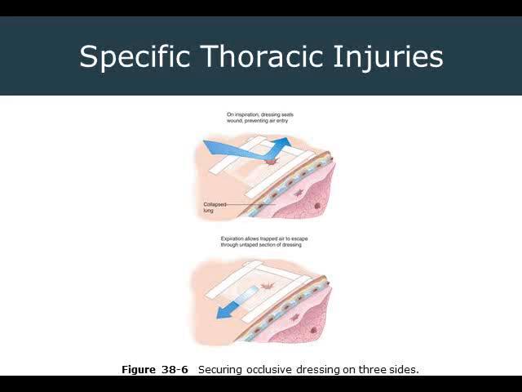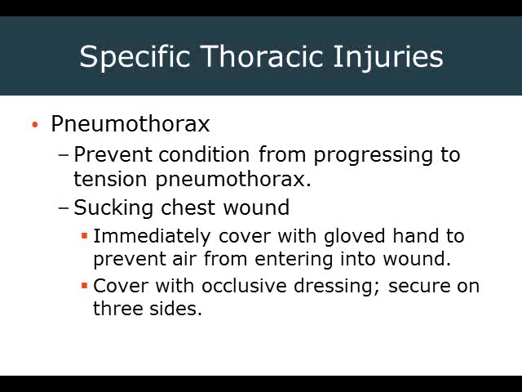SAM Company has one, but they're kind of big. They look like big EKG electrodes, basically, that you slap on over the top. The Asherman chest seal has a whoopee cushion valve in it, so it looks kind of like a weird whoopee cushion. But they allow air to escape. They don't allow air in.